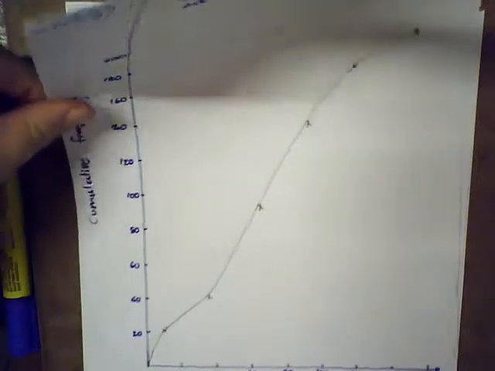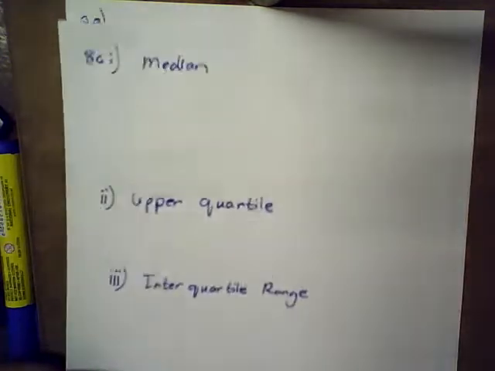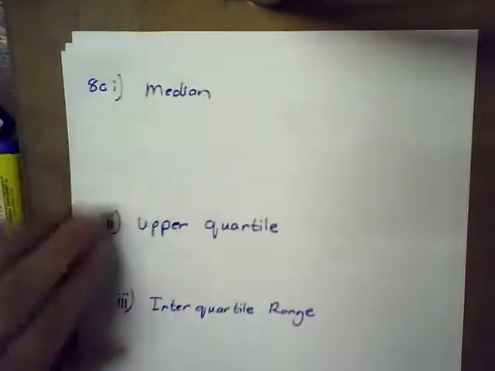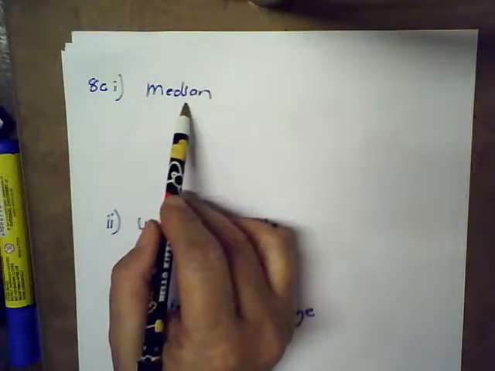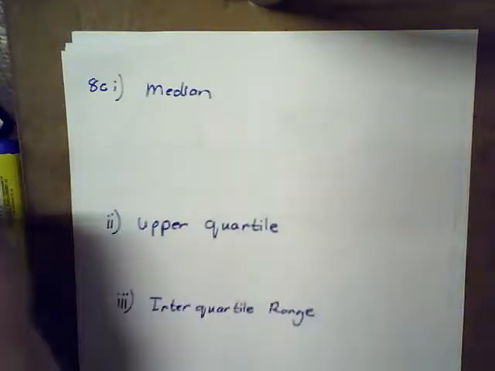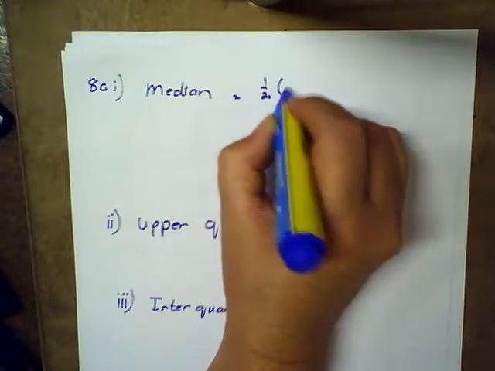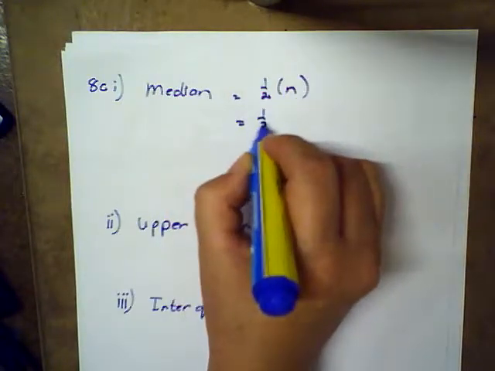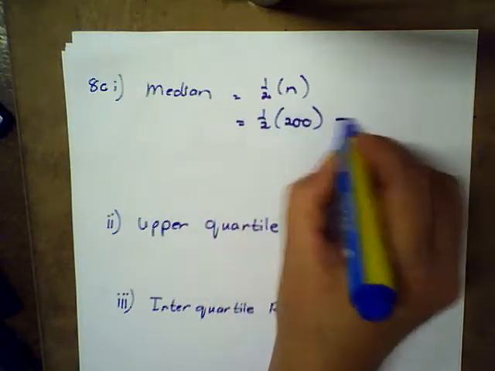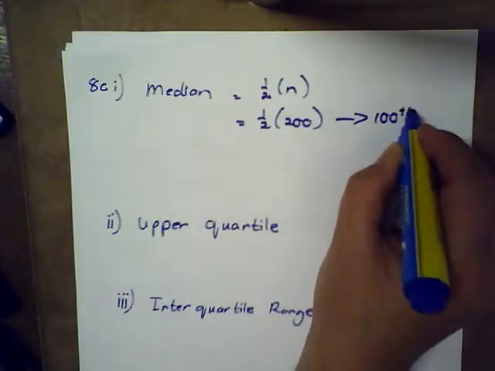Now they ask us using this curve to answer the following questions. Guys, you're doing really awesome. Okay, so the first one is the median. The median is the middle number. The middle number, so it's a half of n. That would give me a half of 200. That gives me the 100th number.